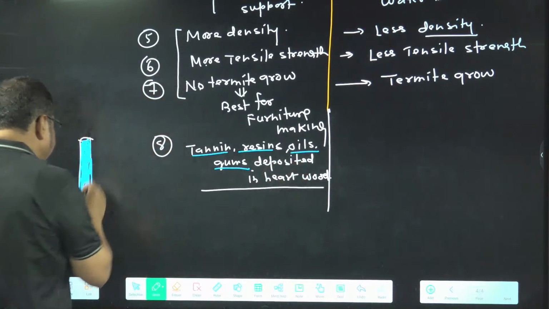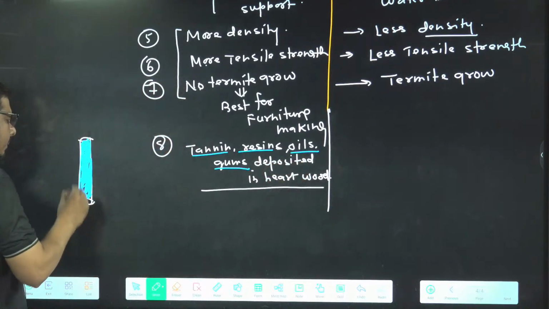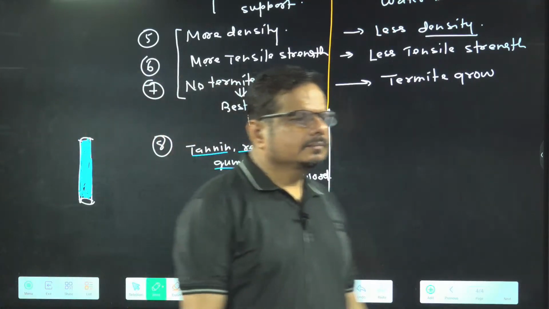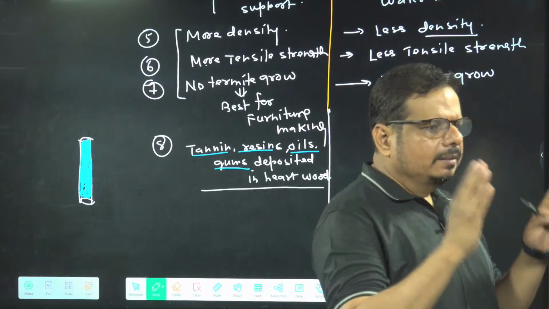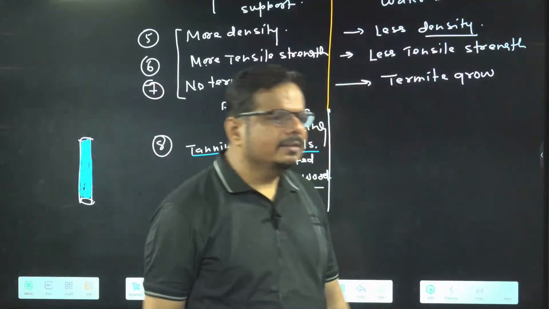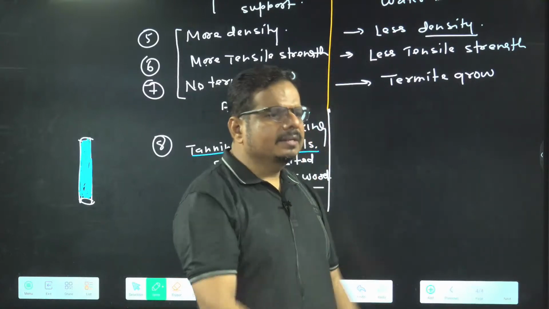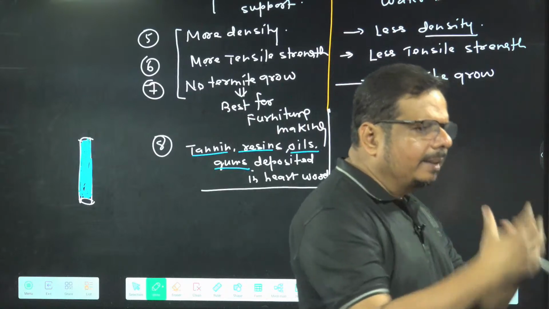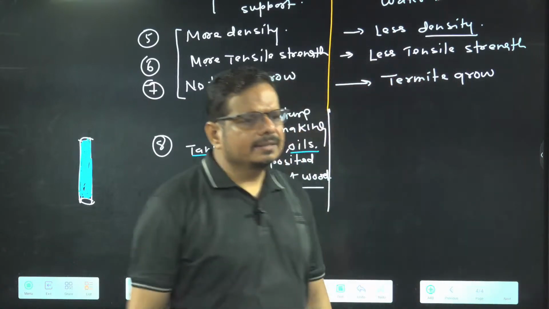Pipe converted into rod: will strength increase or not? Will tensile strength increase? Will density increase? Will burden bearing capacity increase? Understanding the idea or not?